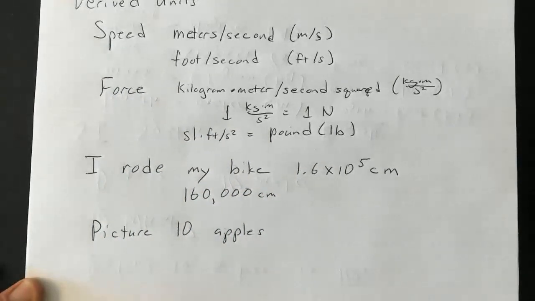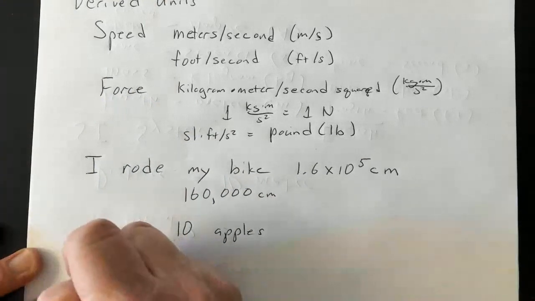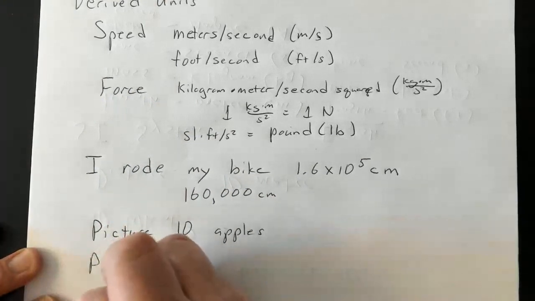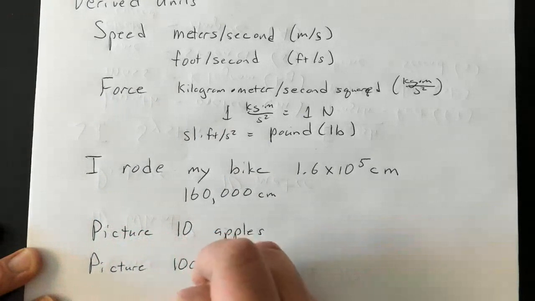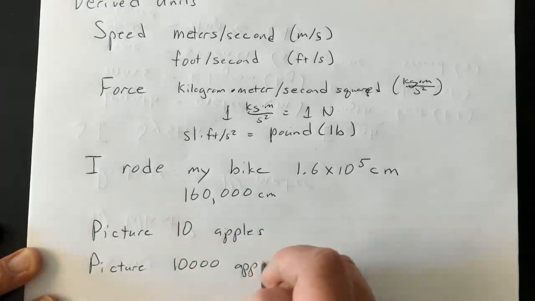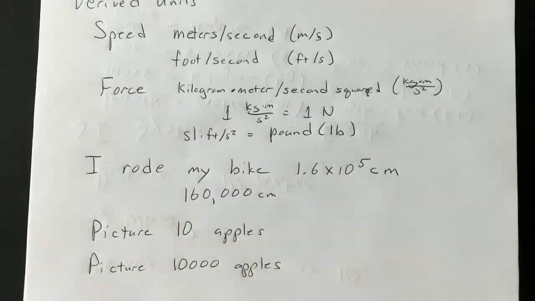But say I ask you to picture 10,000 apples. What would a pile of 10,000 apples look like? You'd see a pile of apples and you wouldn't have any idea, unless somebody told you how many apples were in there.